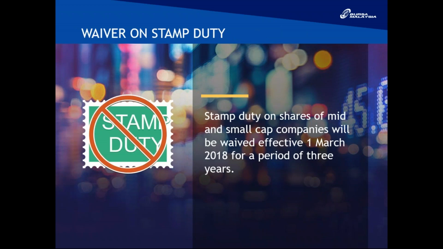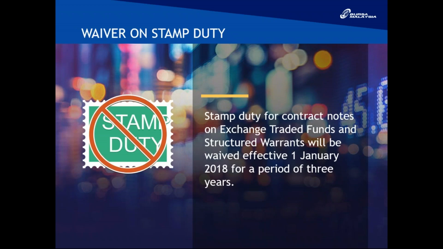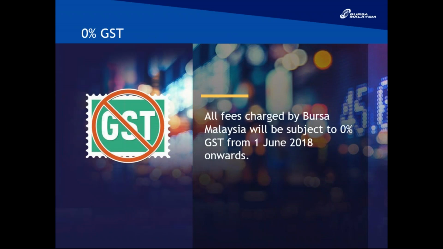They are also giving a waiver on stamp duty on shares of mid and small cap companies, effective 1st March for a period of 3 years. So this is to encourage people to trade on mid and small cap companies. And the next one is the waiver on stamp duty for contract notes on ETFs and structured warrants, effective 1st January, also for a period of 3 years.